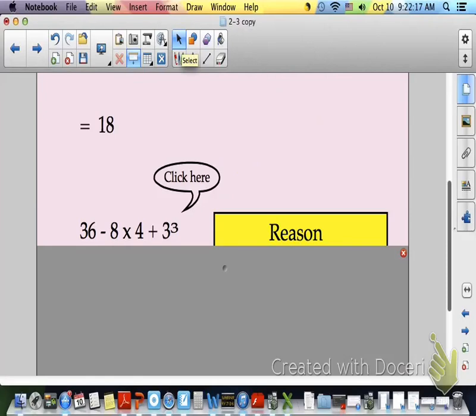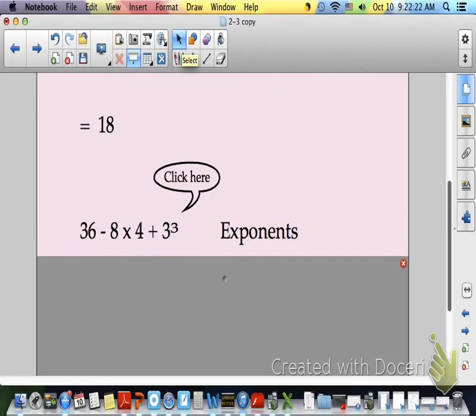Exponent. But Father, wouldn't exponents and multiplication be on the same level? I know what you are asking, but no. Okay. Exponents. So the first operation you take care of is that. Okay, 3 cubed.